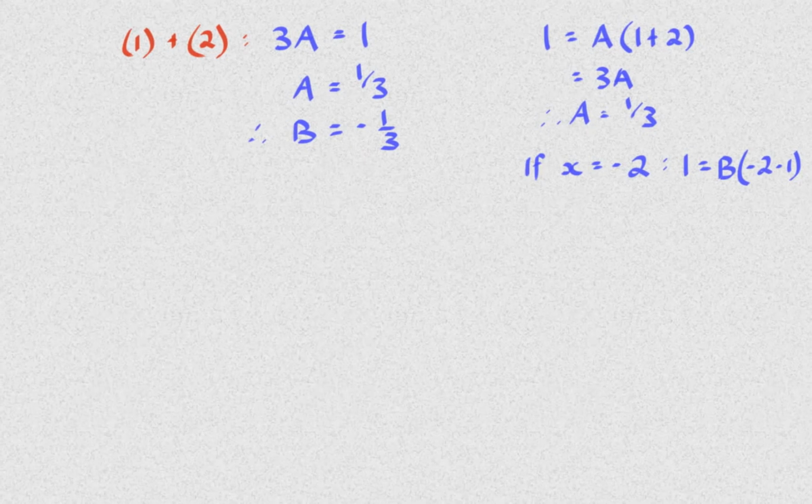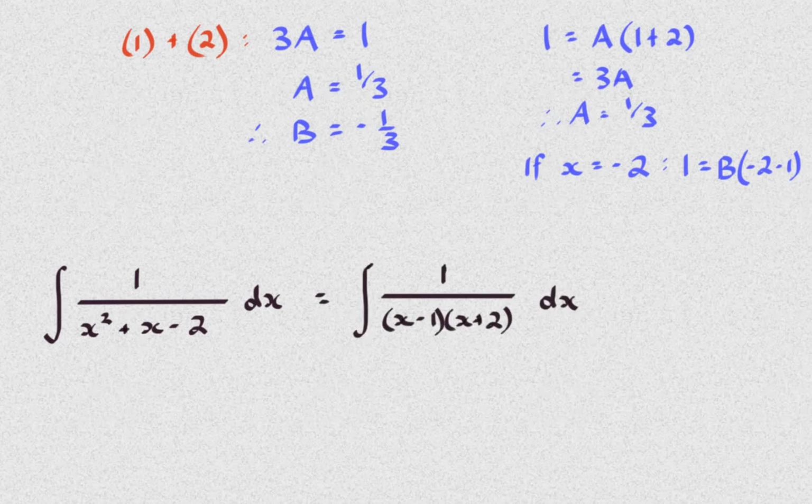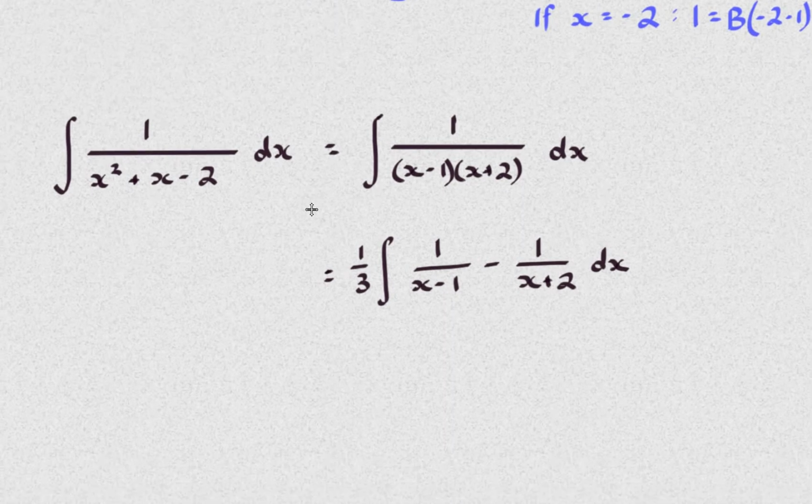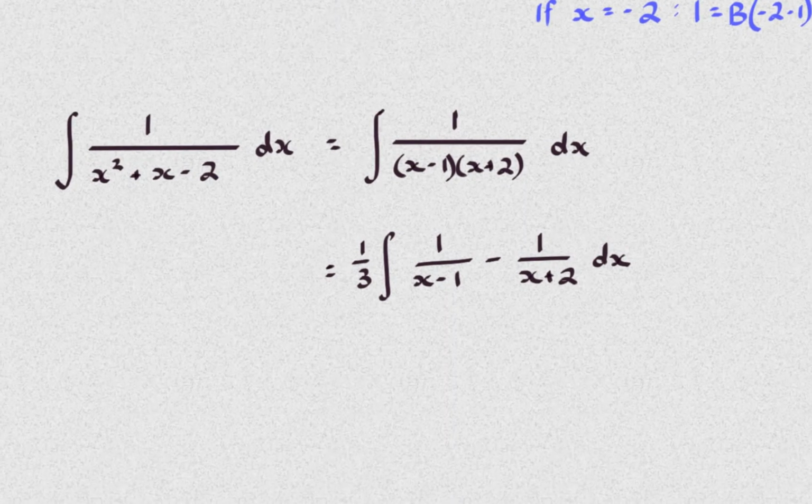So our initial integral could be factorized, and then we saw that this fraction could be decomposed into these guys. And when we look at these two fractions individually, we notice that we can use the natural log.